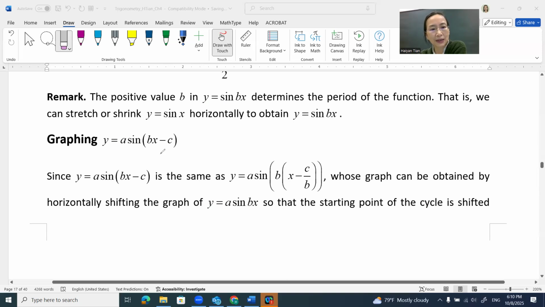So let's consider functions of this form, and try a specific value of c.